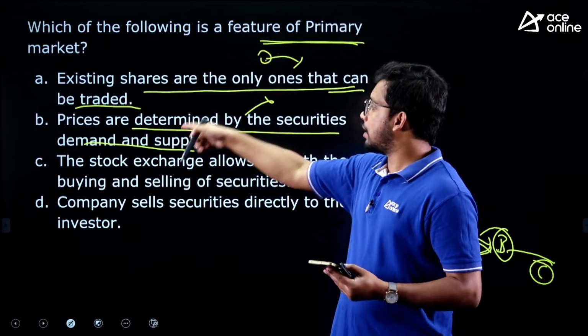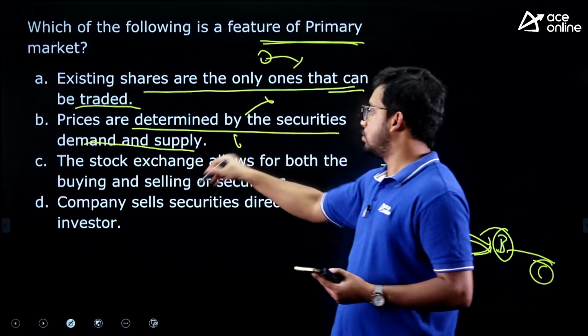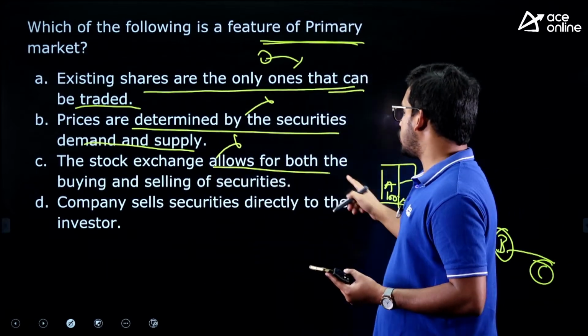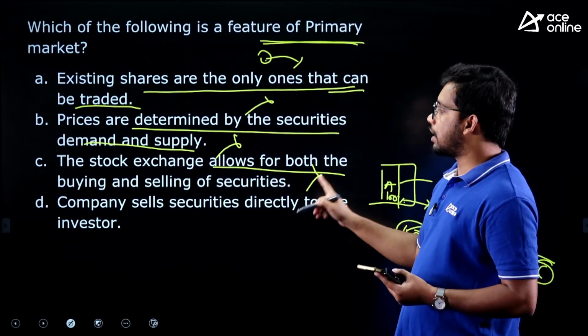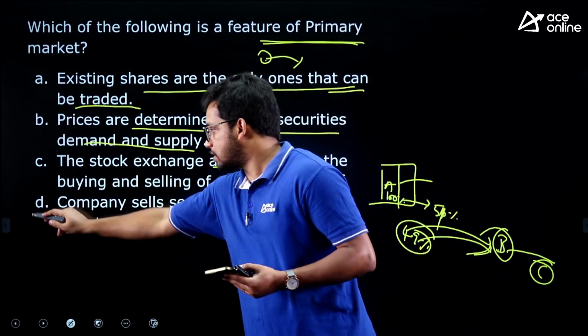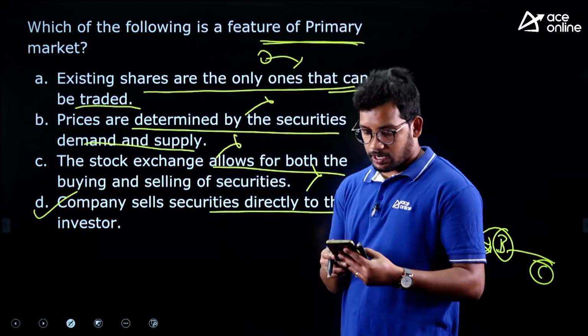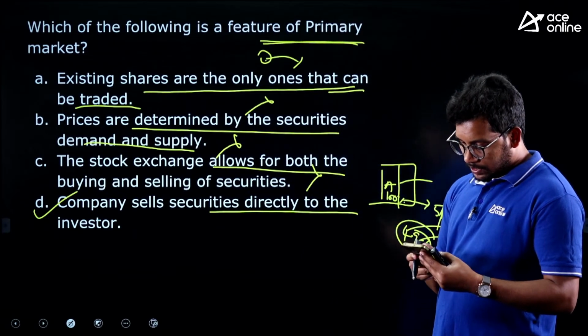In the primary market it is decided by the company itself, not by demand and supply. So this is also wrong. Stock exchange allows both buying and selling of securities. No. In the primary market it is only buying. Company sells the securities directly to the investors. Yes, so this is correct. Right? So the answer is D.